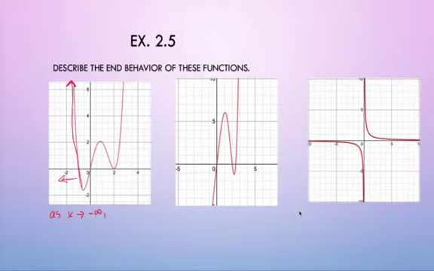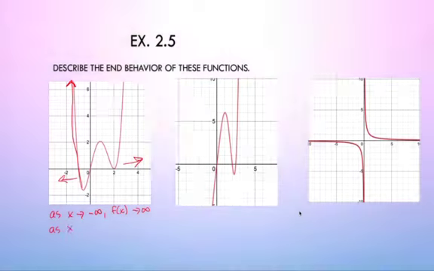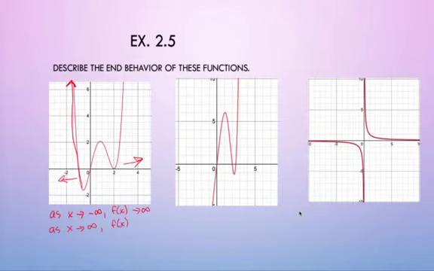On the left-hand side of the graph, the function f of x approaches infinity. If it goes up, it approaches infinity. For the right-hand side of the graph, we say as x approaches positive infinity, what does the function do? And this one's also going up, so that's f of x approaches infinity.